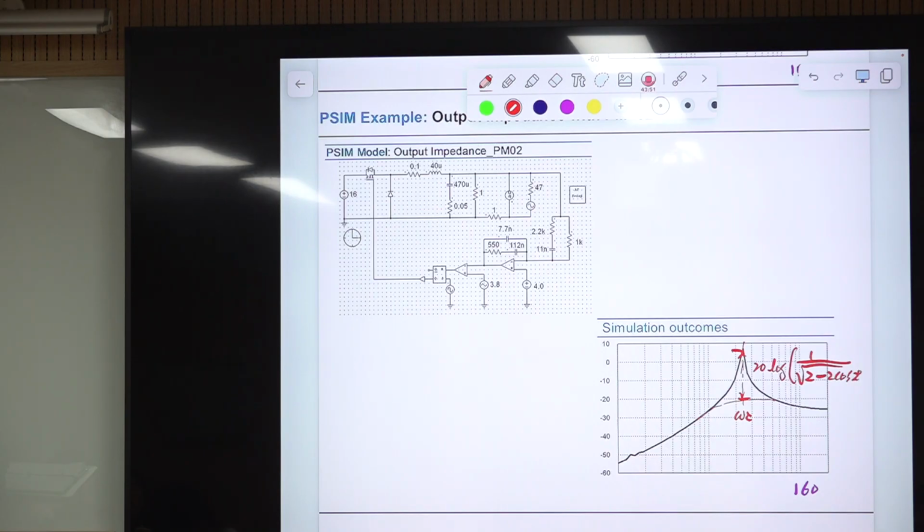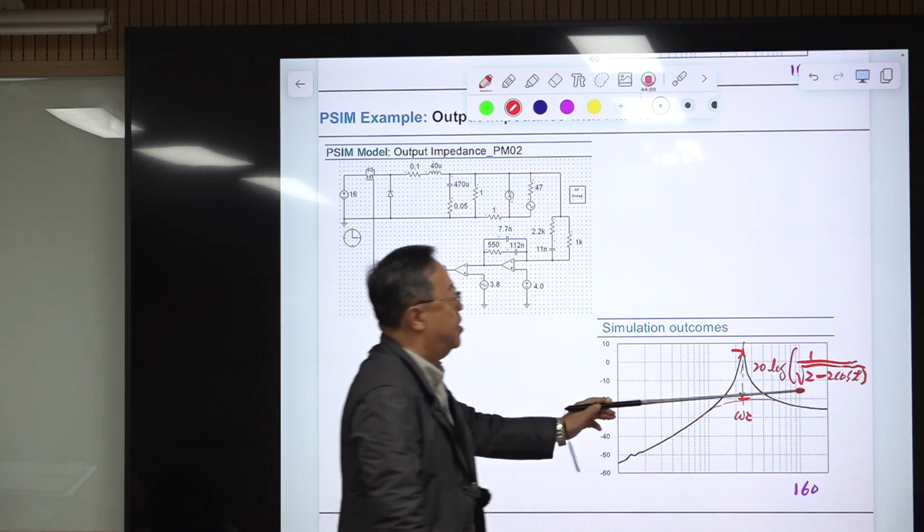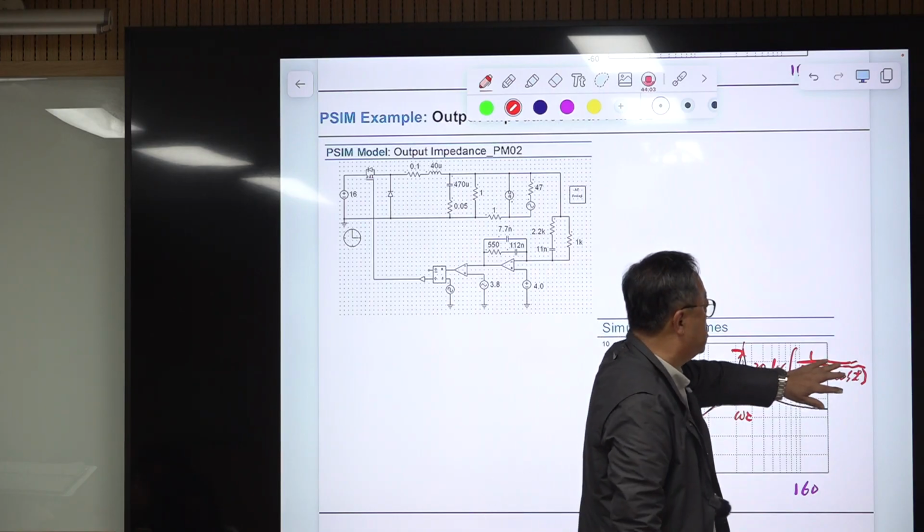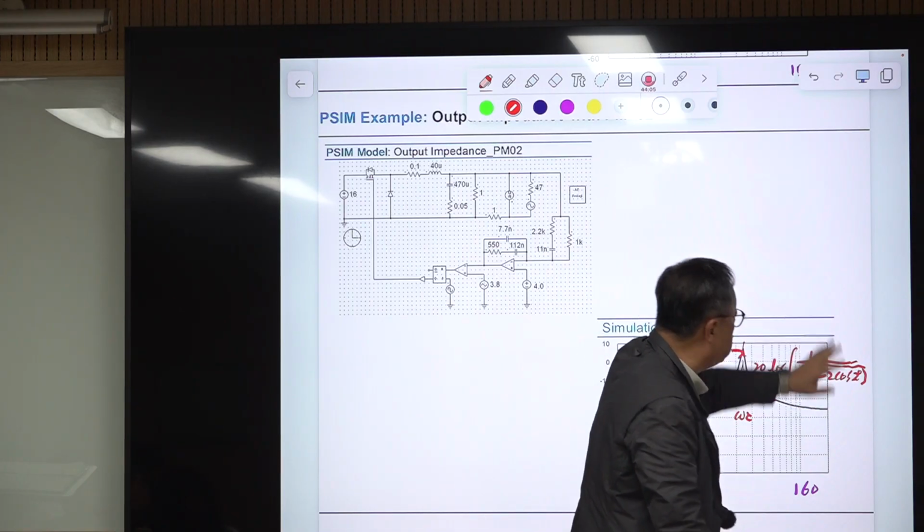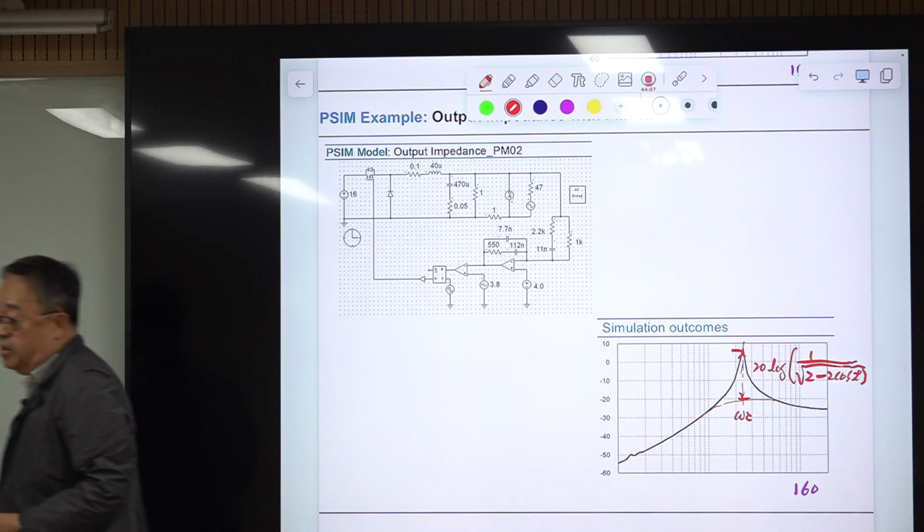Very small one, right? This is very close to unity, so the denominator becomes very small, and then this whole thing becomes very large.